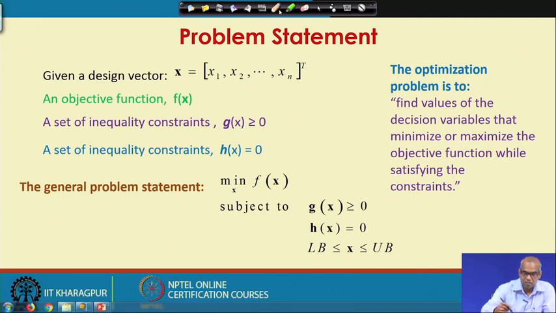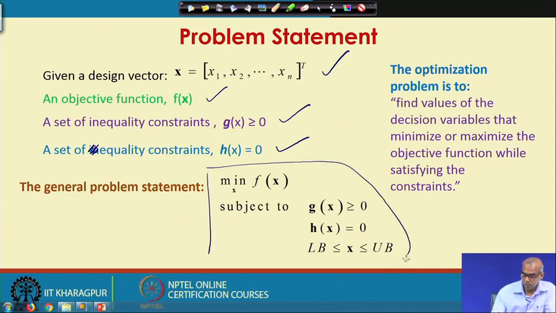So, given a set of design vector, given an objective function, given a set of inequality constraints, given a set of equality constraints, the general problem statement will be: you minimize function f x by finding out the decision variable x, and the decision variable x must satisfy the constraints: inequality constraint g x greater or equal to 0, equality constraint h x equal to 0, and the bounds on decision variable x, which is bounded between lower bound and upper bound.